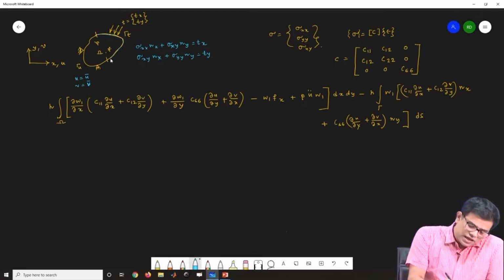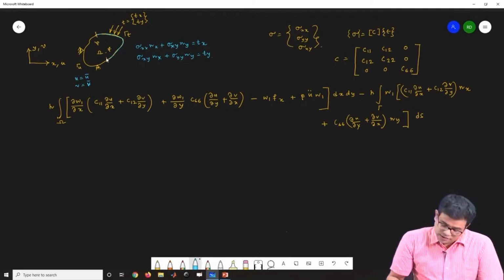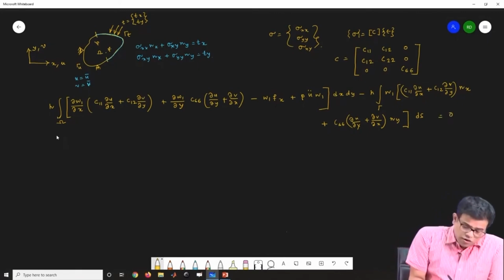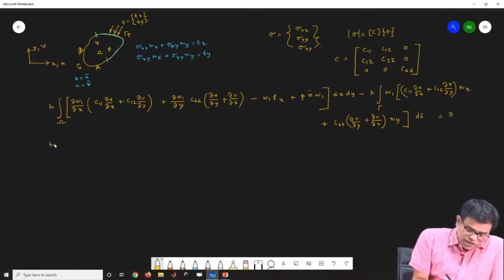So this is how we calculate traction vectors. Now this is the first equation, and this equation must go to 0. The second equation, again for the domain, has a second weight function, w2.